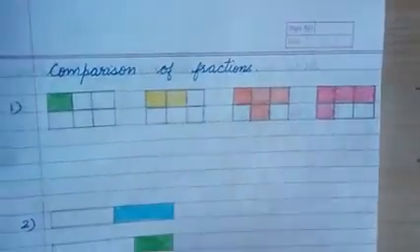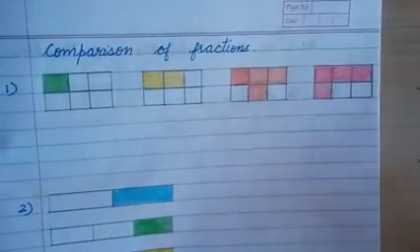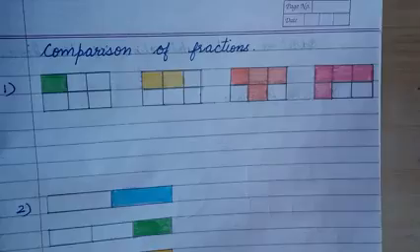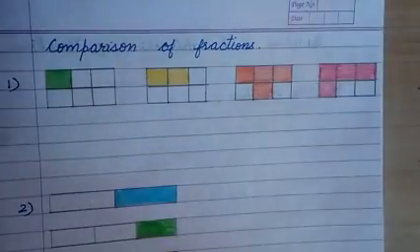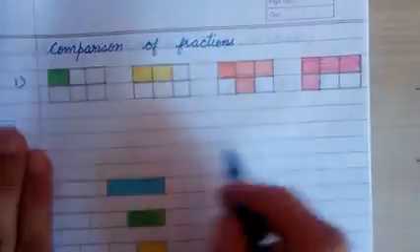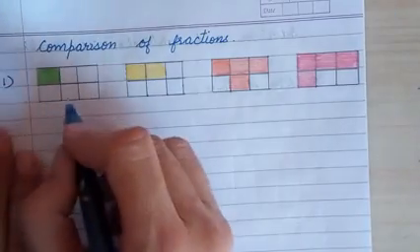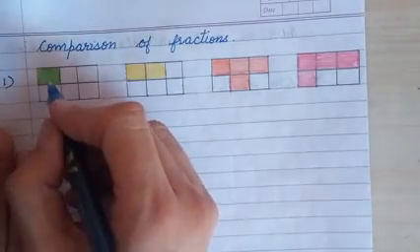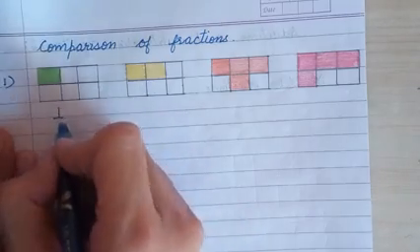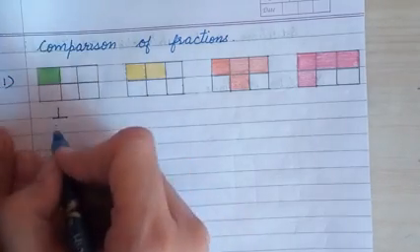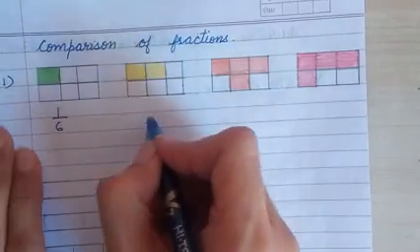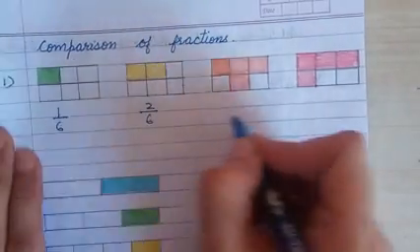Now let us do comparison of fractions. Here let us write the fraction for the shaded part. This is one part out of total 1, 2, 3, 4, 5, 6 parts. Here 6 parts and taking 2 shaded parts.